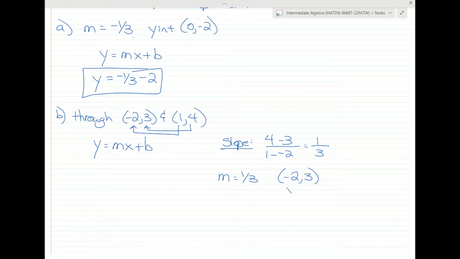All right, so now we have an x value, we have a y value, and we have an m value. So if we plug in 3 for y, m is 1/3, x is -2. The 3 is equal to -2/3 plus b. And solving for b, 3 is the same thing as 9/3, so 9/3 plus 2/3 is 11/3.